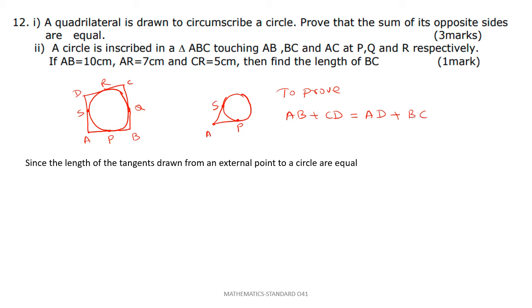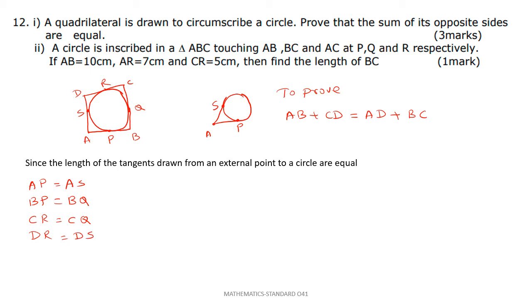Okay, so I am going to use this circle theorem. The lengths of the tangents from the external point to the circle are equal. So I can say AP equal to AS, BP equal to BQ, CR equal to CQ, DR equal to DS.